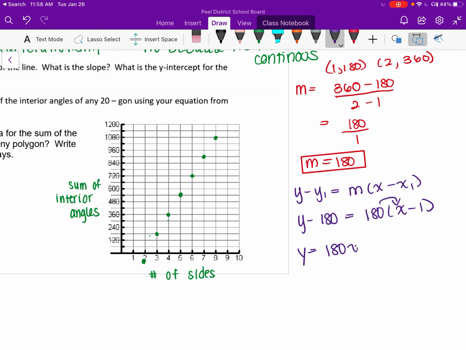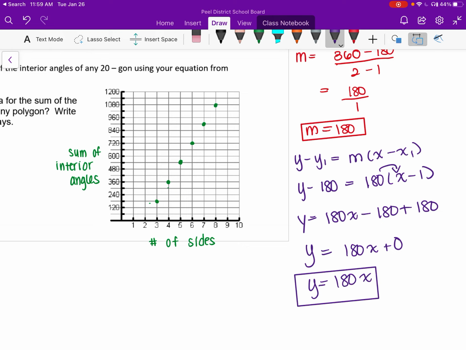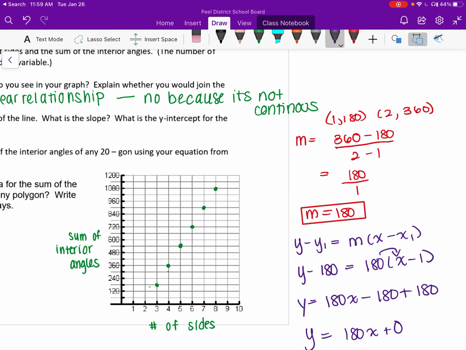So 180x minus 180 plus 180. Negative 180 plus 180 is going to be 0. So then I'm just going to have y equal to 180x.